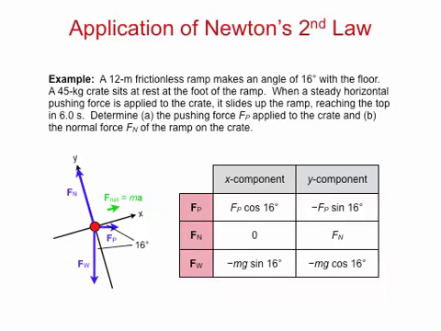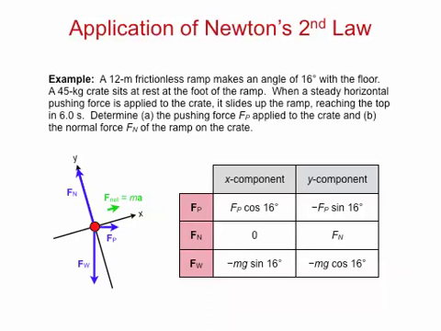The x component of F_p is adjacent to the 16-degree angle, so it is F_p times cosine of 16 degrees. And similarly, the y component is opposite to the 16-degree angle, so it is negative F_p times sine of 16 degrees. Why the minus sign? Well, because the y component of the F_p vector points in the negative y direction.